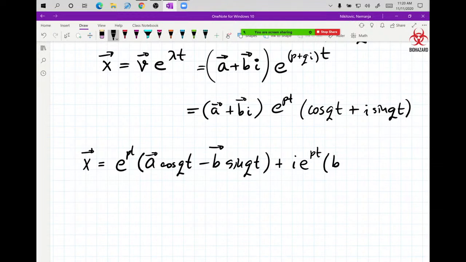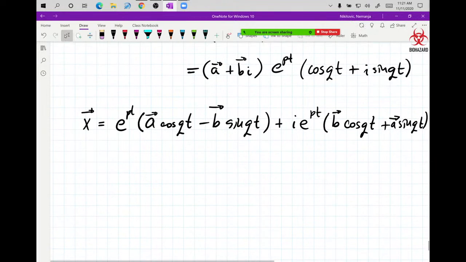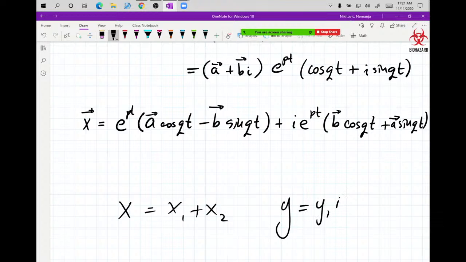b cosine qt plus a sine qt. Now these are all, again, your column vectors. So now this is the part where you get to separate the two answers. Remember that your big X is x1 plus x2, or your big Y is y1 plus y2, the superposition of answers.